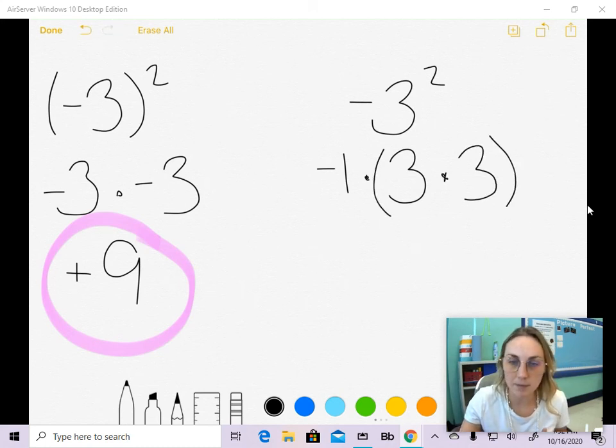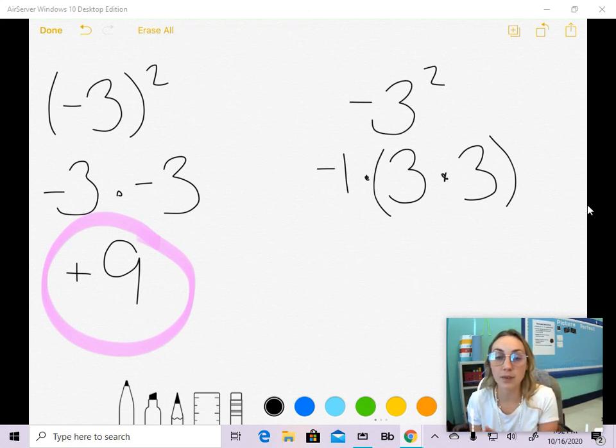I'm going to put those in parentheses. The 3 is multiplied by itself, that is true, but the negative in front of it is the same as having a negative 1 in front of it. So not the whole base is getting multiplied by itself. The negative is by itself in this case.